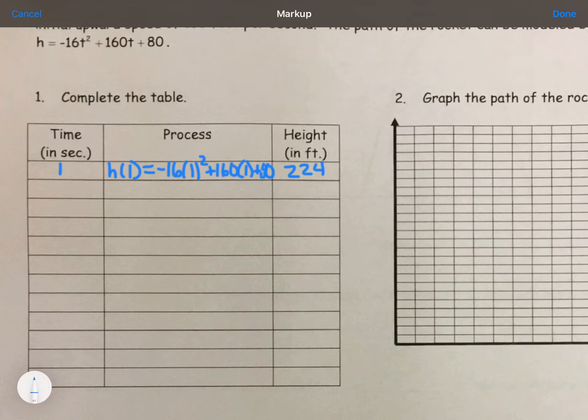Then we're going to complete these for 2, 3, 4, 5 seconds, 6, 7, 8, 9, 10, 11, and 12 seconds. These continue. So we'd have h of 2, h of 3, h of 4, and so on.